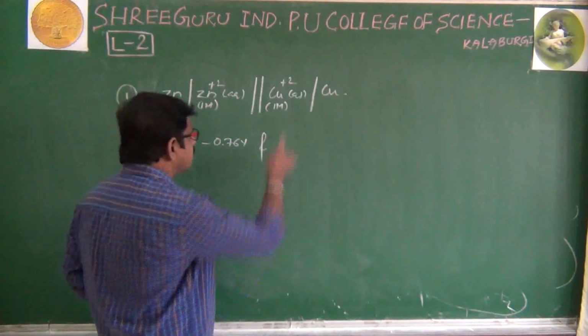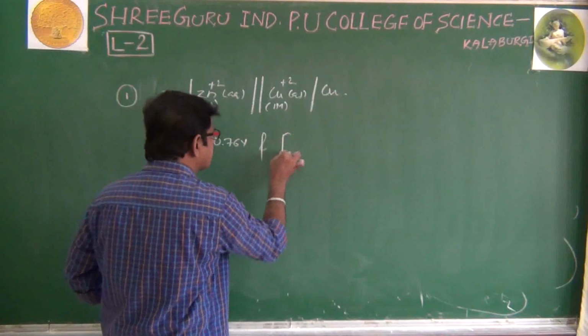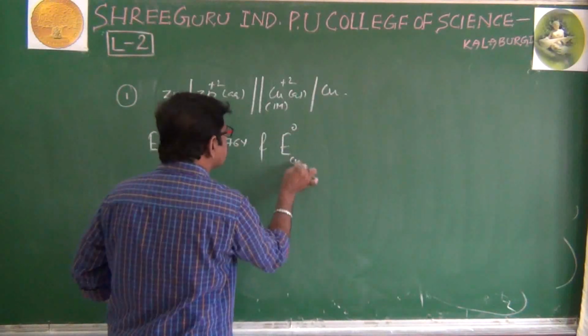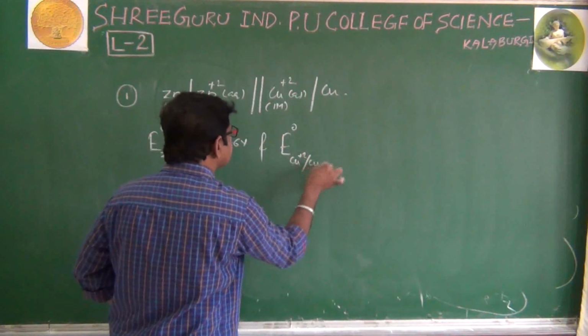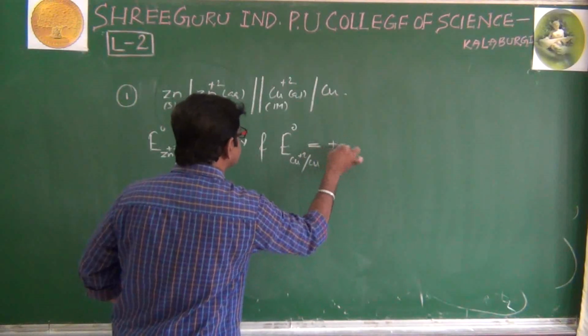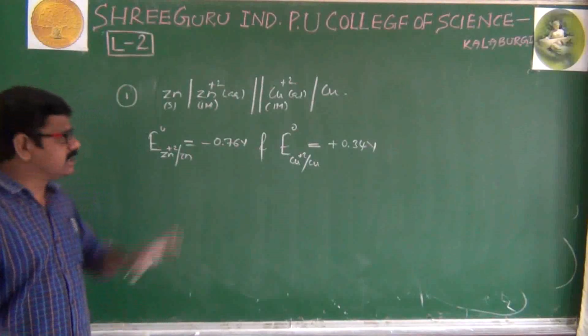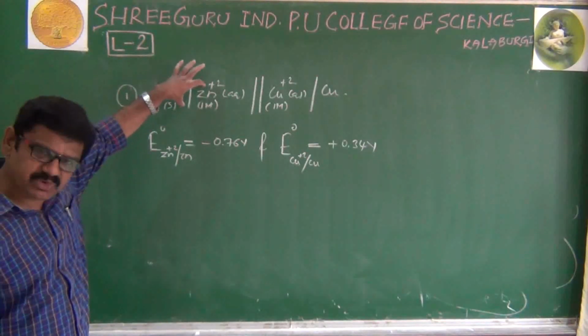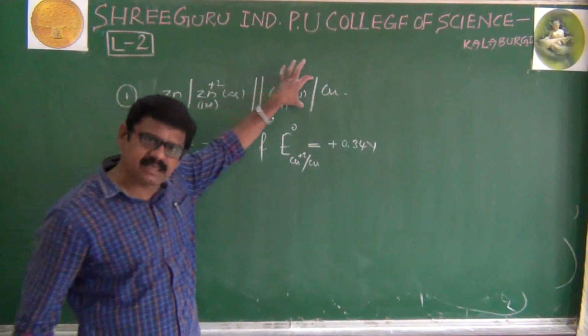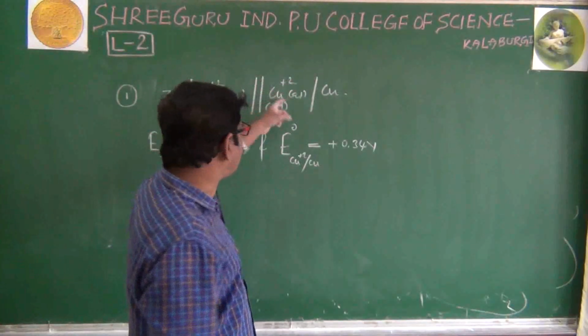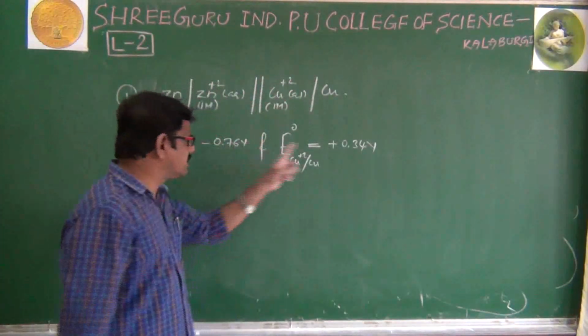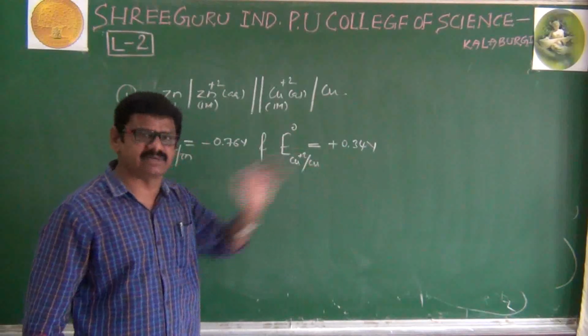And next, here also reduction potential only I am giving: E naught Cu plus 2 oblique Cu is equal to plus 0.34 volts. Both half cells' standard reduction potentials only have been given.